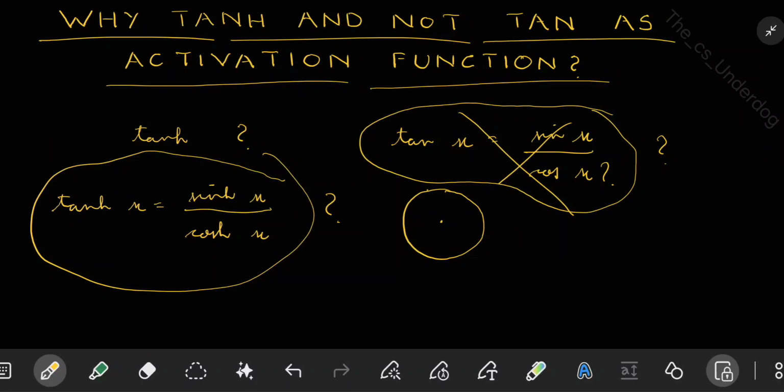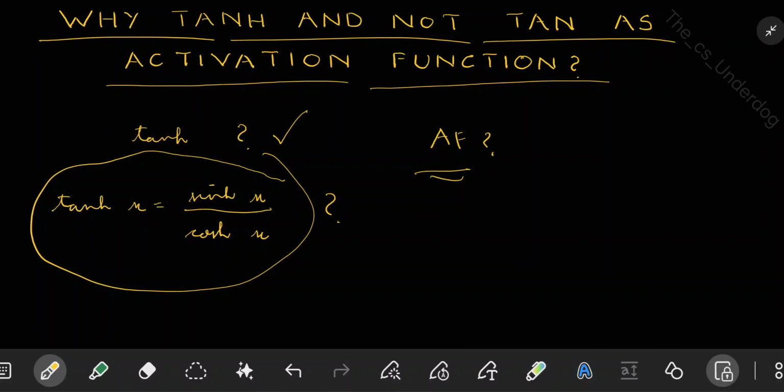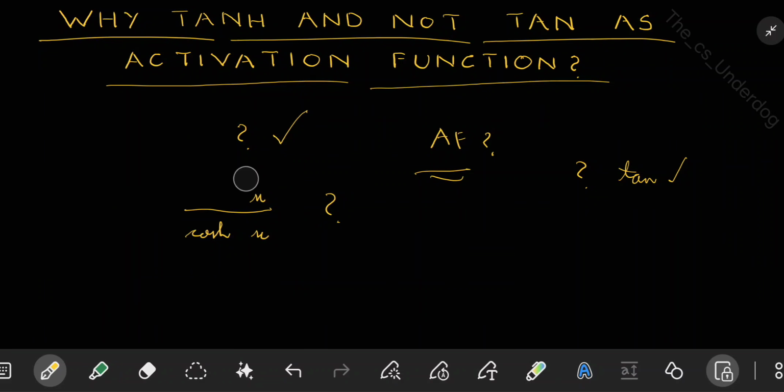In order to answer this, first you have to understand what qualities are required for an activation function, and how many of these qualities are satisfied by tan h and how many by tan. Once you understand this, you will be clear on why we are not choosing tan and why we are using tan h. So let us first see the basic qualities required for a function to be an activation function.